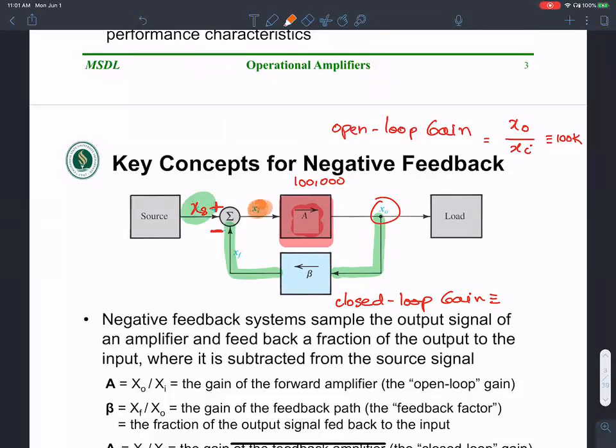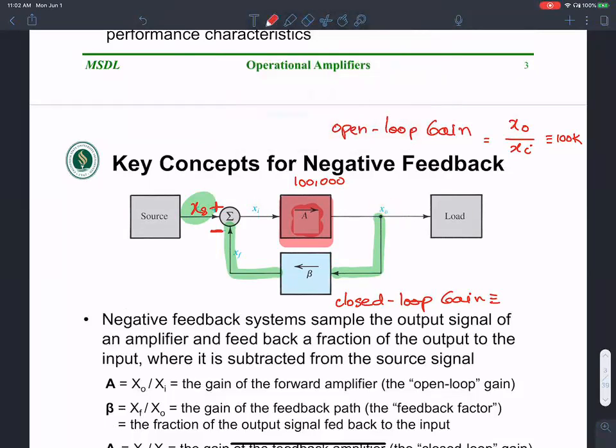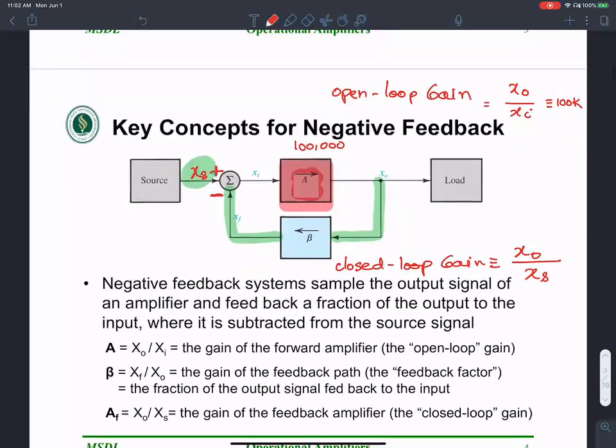The open loop gain is from XI to X0, but the closed loop gain is from XS to X0. So the overall gain, closed loop gain, is the output X naught over XS. That's the idea of closed loop gain.